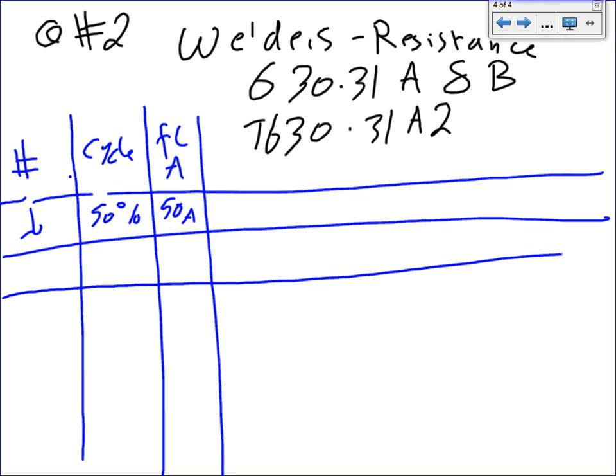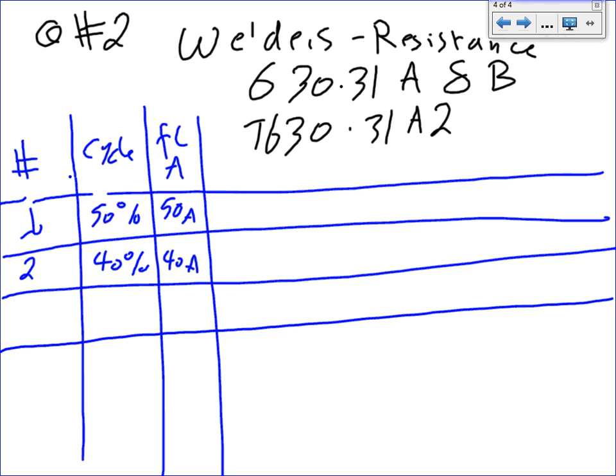Welder number 2, the cycle is 40% and I have a 40 amp. I like the matching business here. And welder number 3, my friend, I have a 30% cycle and 30 amps.